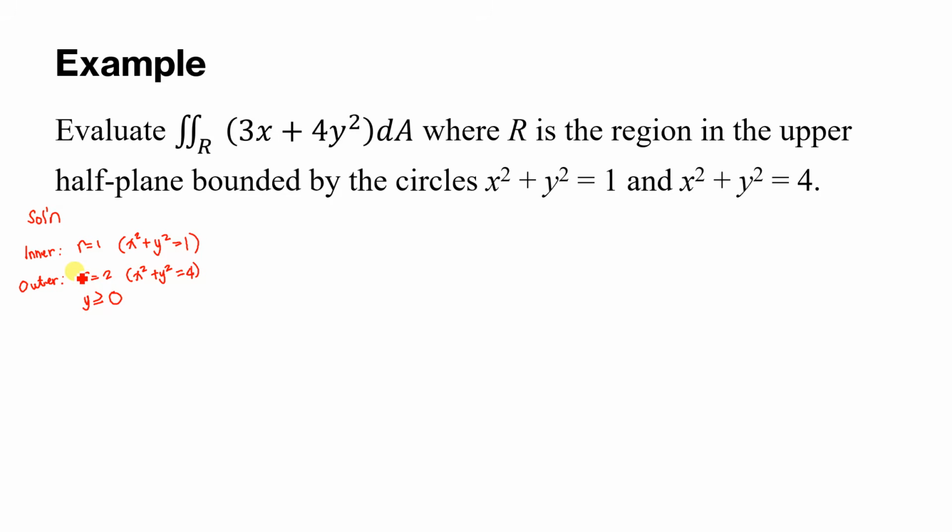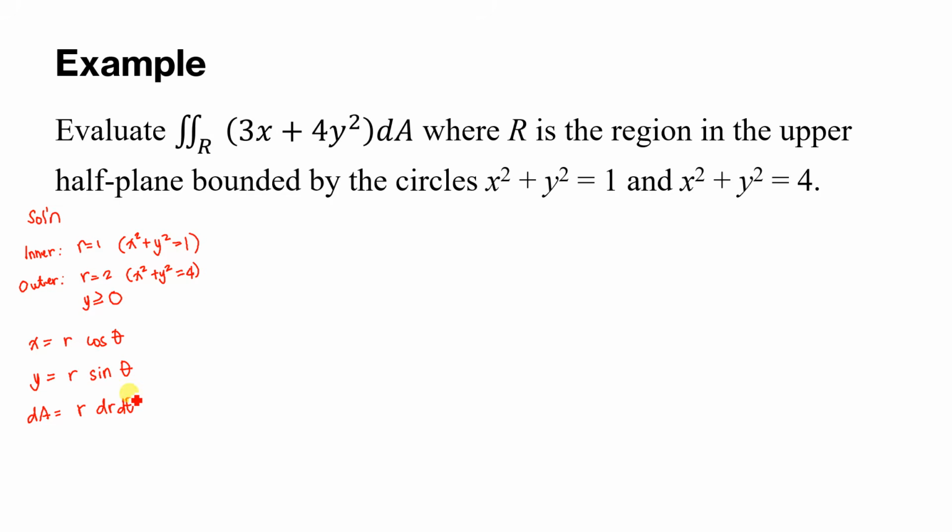Our x is equal to r cosine theta, and our y is equal to r sine theta. In other words, our dA is equal to r dr d theta.